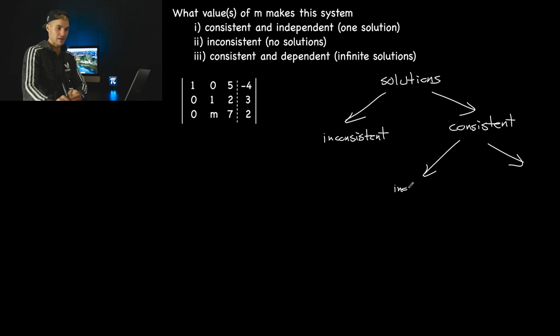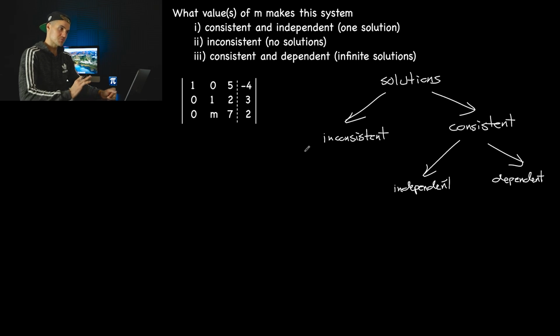There can be an independent consistent solution, which means that there is one solution, or it could be dependent, meaning there's going to be an infinite amount of solutions, right? So this is how I like to sort of categorize the different kinds of solutions that you can get from linear equations right here.